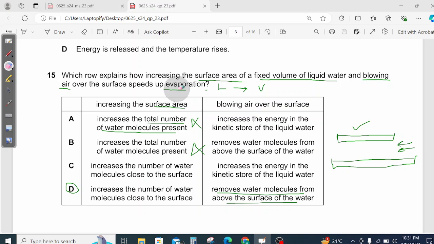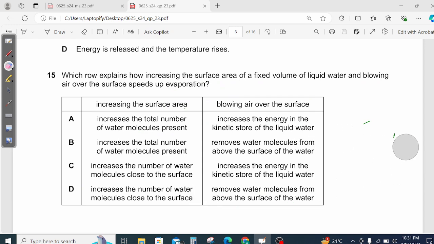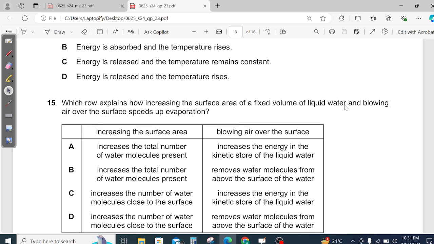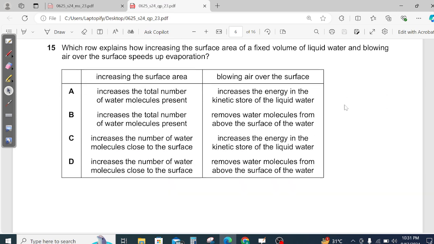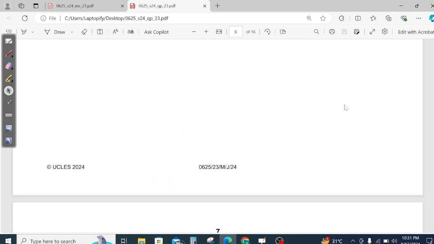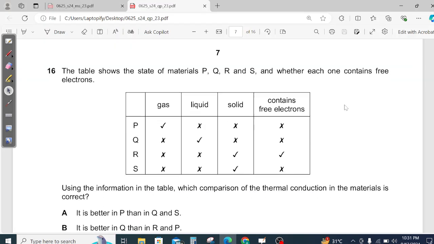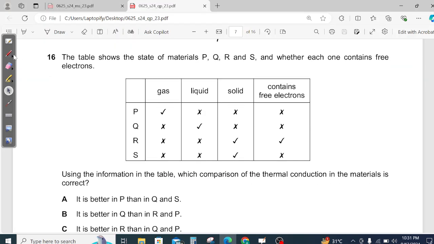So you have to explore every option to find out the correct answer. Is it clear? Now move towards question 16. The question is that the table shows the state of materials P, Q, R and S and whether each one contains free electrons.